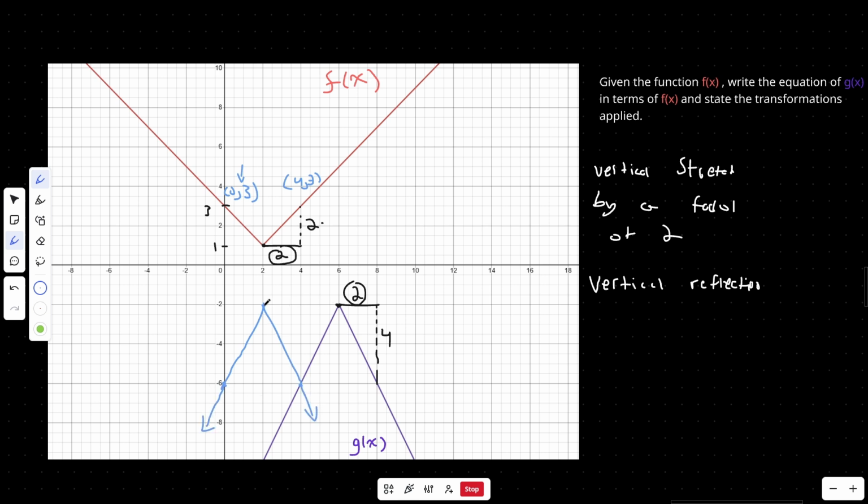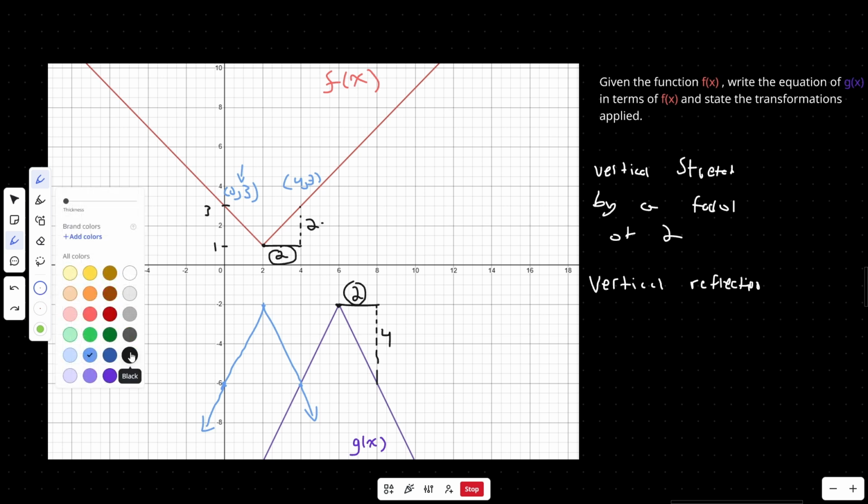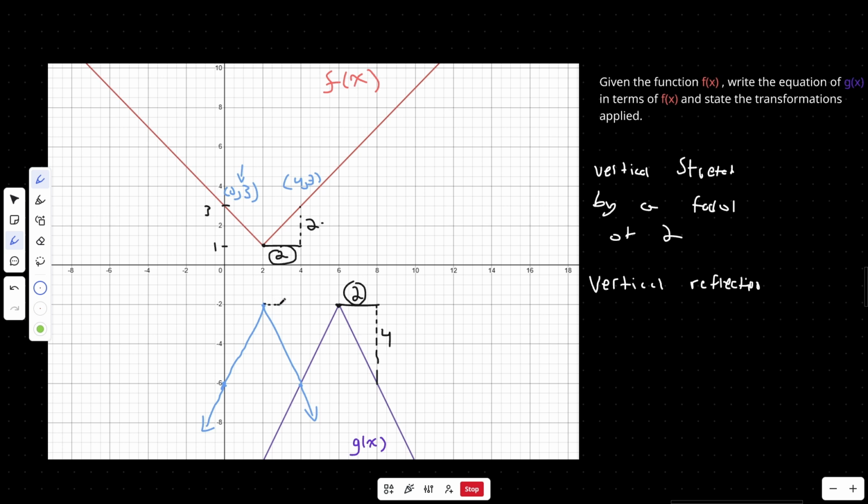It seems like there's some transformations that are still left for us to go from this function all the way over to this function over here. So I think all we're left with here is translations, because we got the stretches dealt with. So now all we have to do is count the change in x here. We have to match up each point to here.